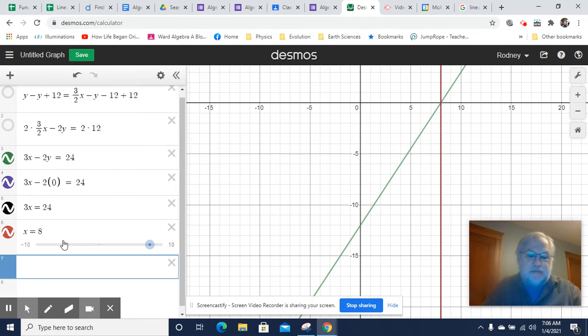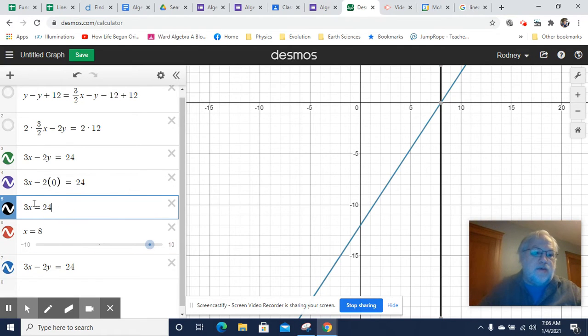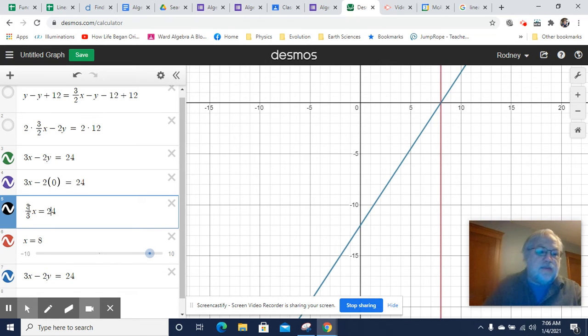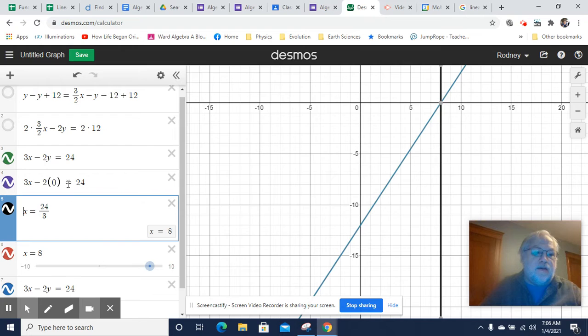Okay, let me actually finish this up. So that's divided by 3 and divided by 3. You might notice that my x-intercept ends up being this c coefficient divided by the a coefficient. So 3 is a, b is negative 2, and c is 24. Okay, so there you have the x-intercept.